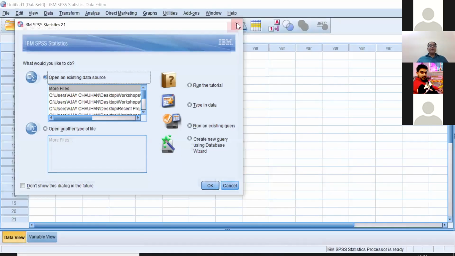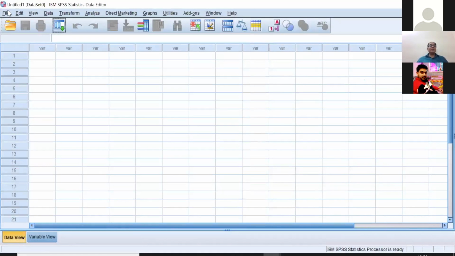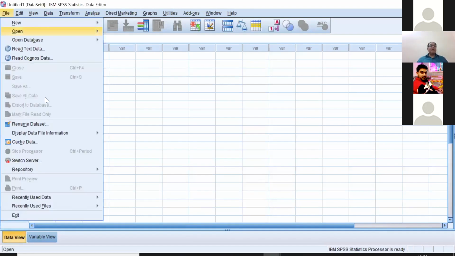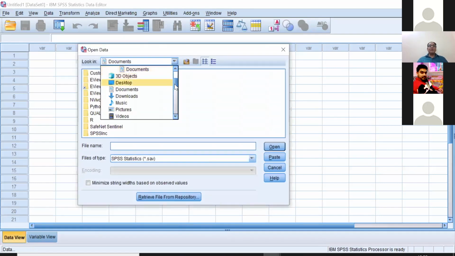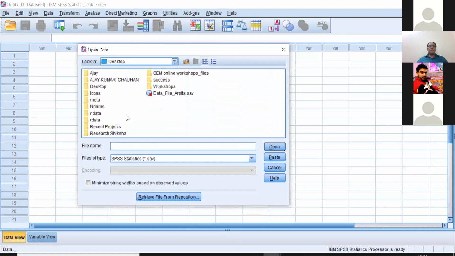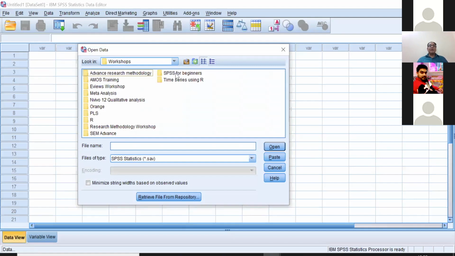Okay, so this is the SPSS file. I hope you can see that. Let me check whether you are watching it or not. Yes, it is shared, and I am opening a database from the t-test, because in the t-test we can see both the confidence level and the p-value. This is from my workshop, SPSS for beginners, day 2.